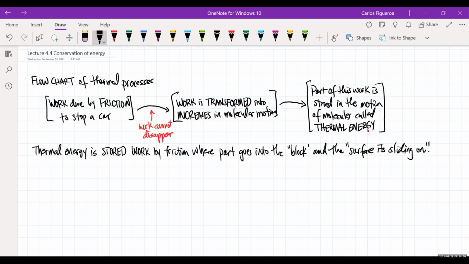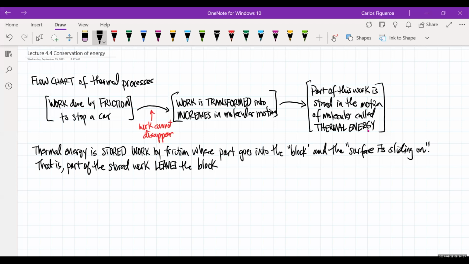So that means part of the energy leaves the block. Of the stored work, part leaves the block.